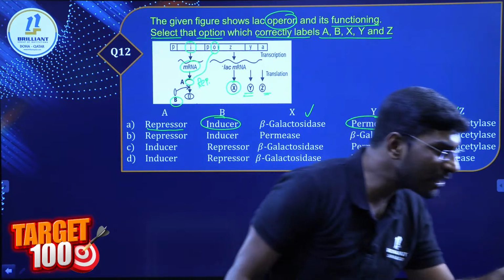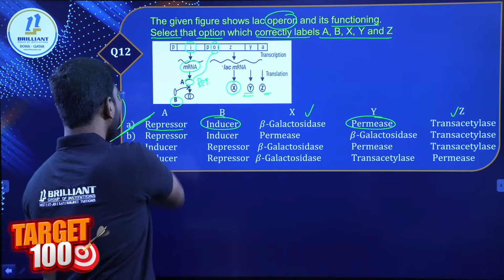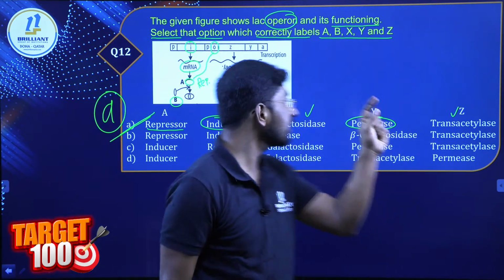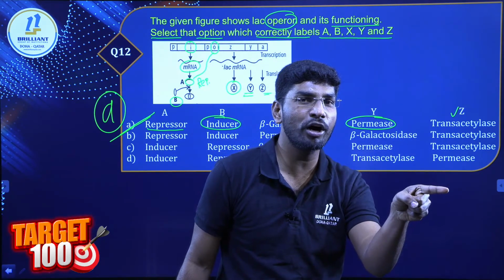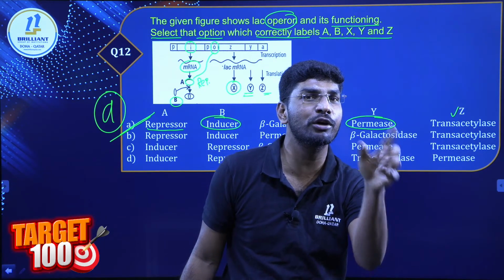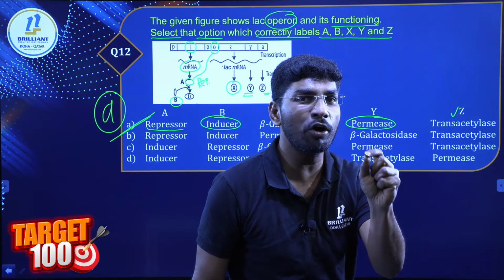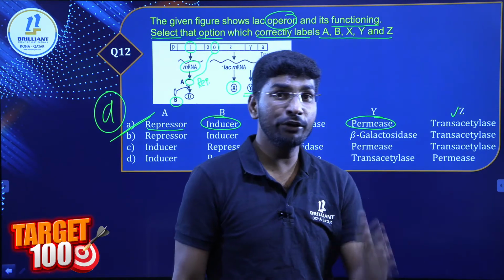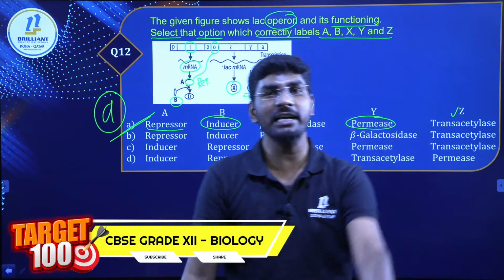So the right answer of this question is option A. Can you tell me which of these X, Y, Z can break the glycosidic bond between glucose and galactose of lactose? Which of these three enzymes can digest lactose into glucose and galactose? What is the enzyme? Yes, exactly. Very good.